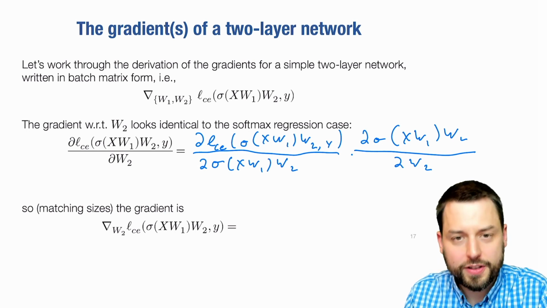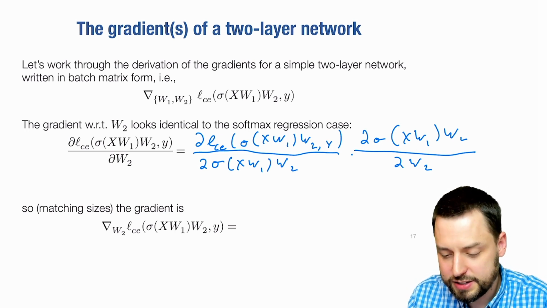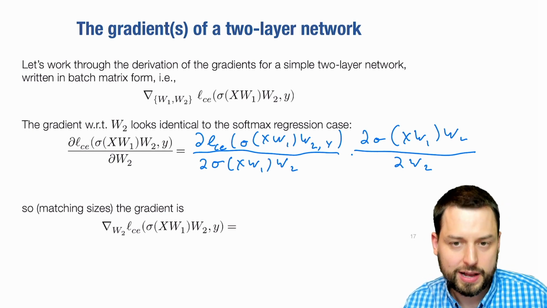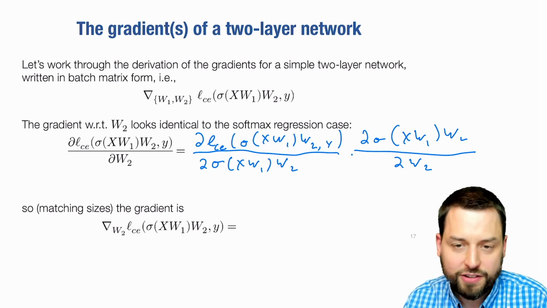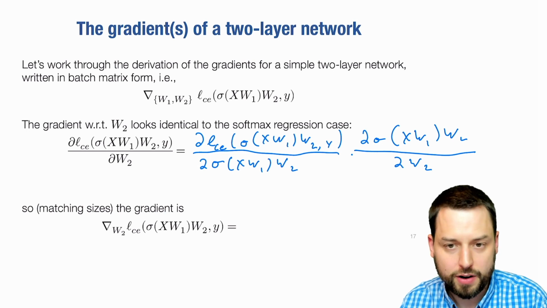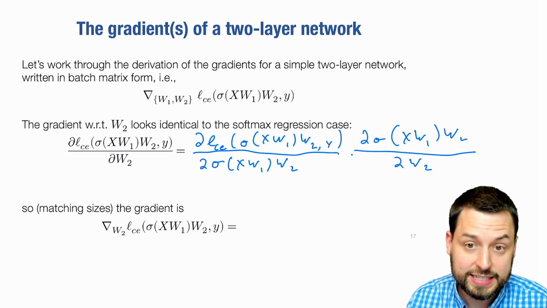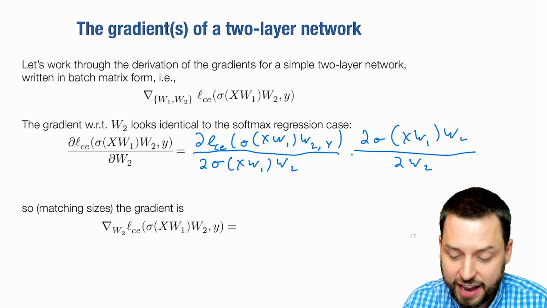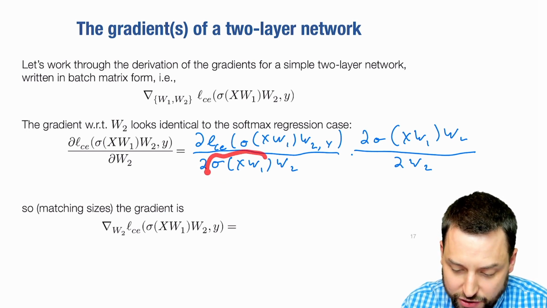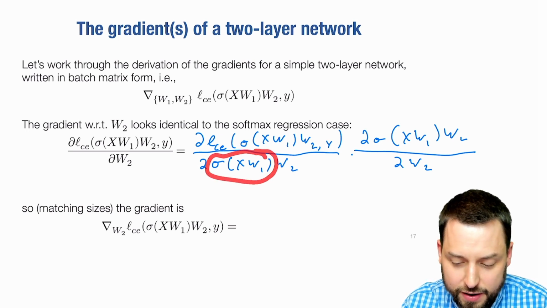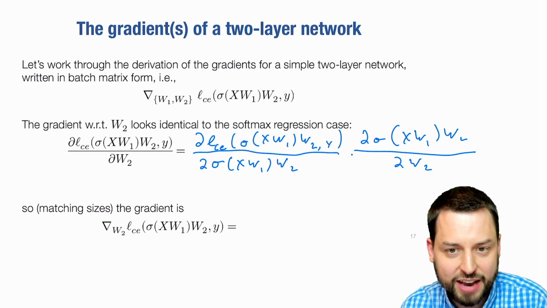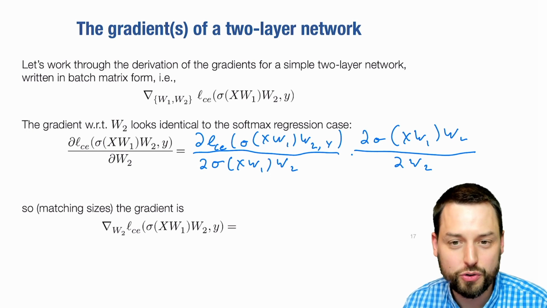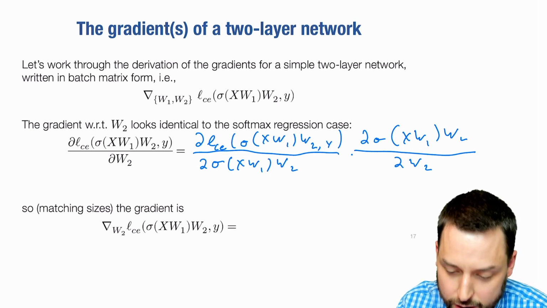Despite the seeming complexity here, and again, you can feel free to go back to the slides from our previous lecture, this is exactly the same as the gradients we were computing last time for softmax regression. The only difference is that instead of just having x here, we have sigma of x times W1, but nothing else changes, because that's all just a constant for the partial derivative with respect to W2.